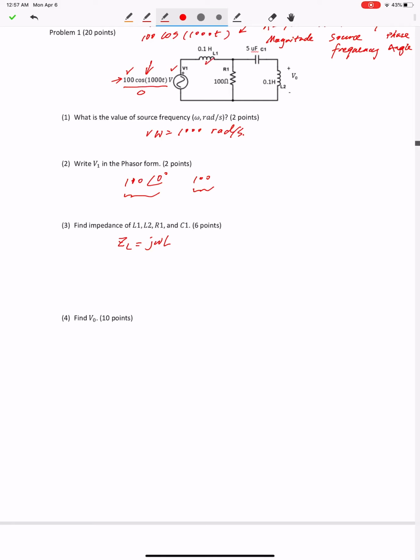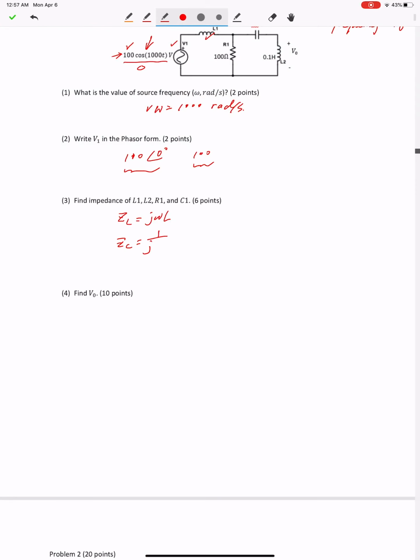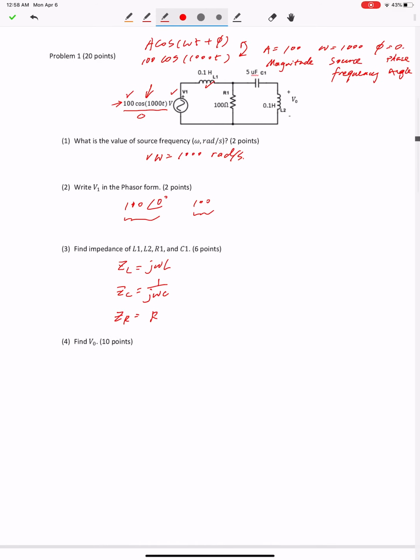You have L given by the question, so just plug in and find ZL. Then ZC is 1 over j omega C. Also, you just need to plug in values since all values are known. For the last one, ZR is just the resistance itself.